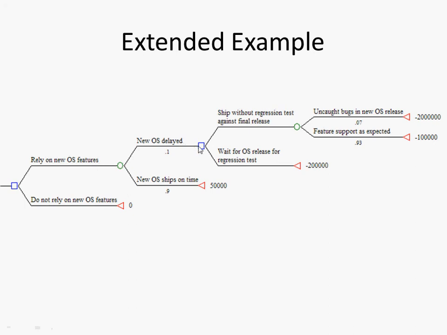This decision doesn't come into play if, for example, we decide not to rely on the new OS features. Or indeed, if we do decide to rely on it, but the new OS ships in time, we never get to this decision point. But if we do get to this decision point, through rollback, we'll get a recommendation of which choice is better.